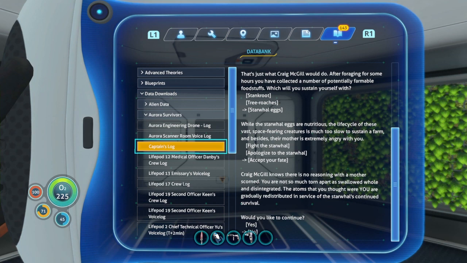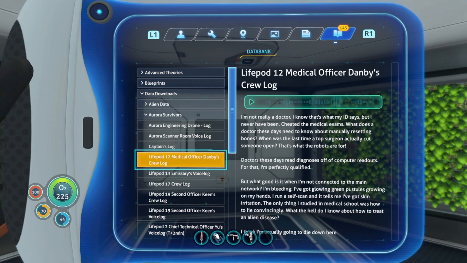This is what it's referencing. This one you just get from the actual captain's quarters. It doesn't actually have anything useful in the sense of progressing the story or anything. It's just more of like, hey, check out this irony. The same person is having the same situation as you. Hooray. Moving along. Lifepod 12.